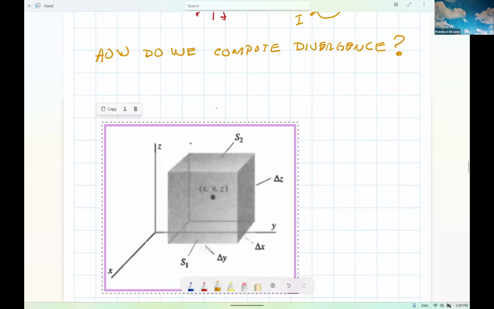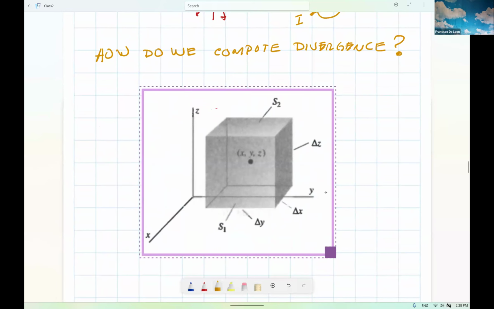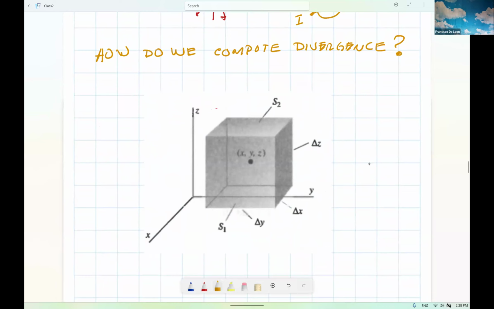What I'm going to do is the integral point by point, or say surface by surface. Let me take this face, the face that is facing me. Of course, I want to eventually collapse it to the center of the point.